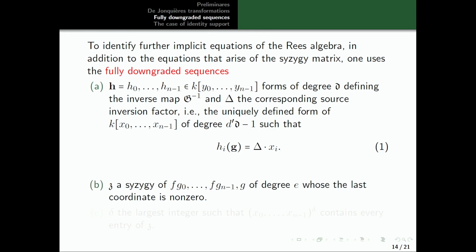And consider Z a syzygy of the base ideal whose last coordinate is non-zero. And delta, the last integer such that the coordinates of Z are contained in this power of the ideal.